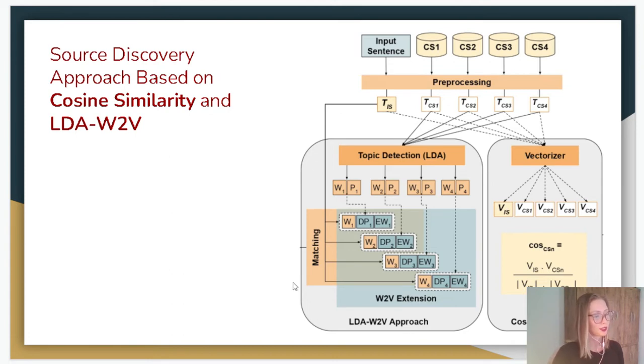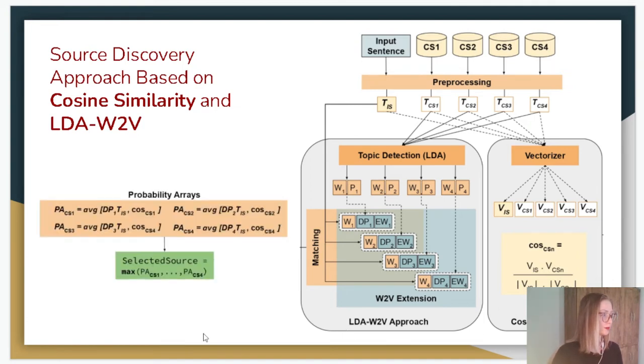In this model, you can see that we consider an input sentence and a set of candidate sources, represented by ICEIS, from which we should extract the best one, and two components concerning LDA Word2Vec and cosine similarity. The output from these two components are probability arrays that we use to select the final source. As there is much content in this figure, I'm going to explain it step by step in the next slides.